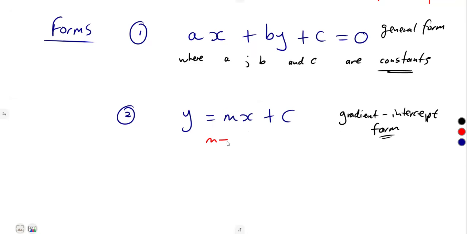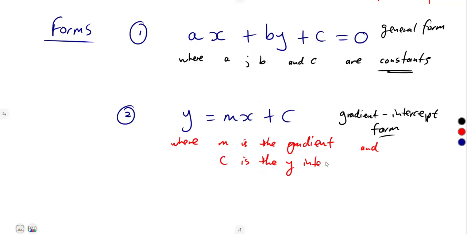M is the gradient, the steepness of the slope, and c is the y-intercept, where the graph crosses or cuts the y-axis.